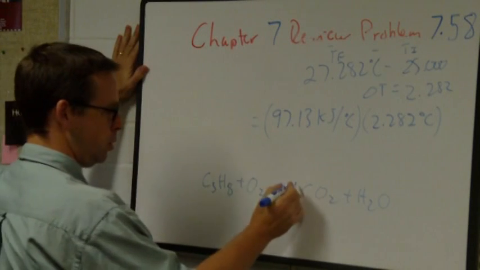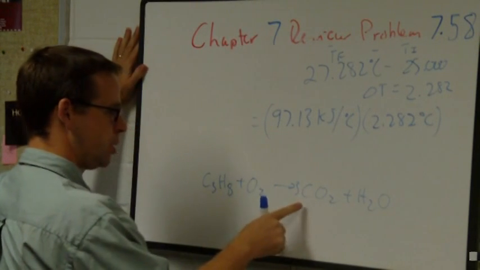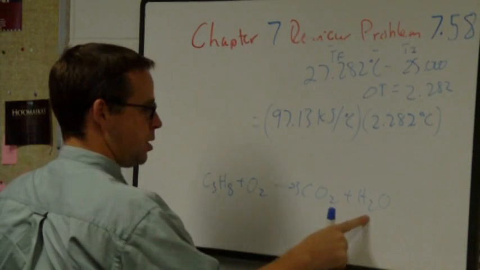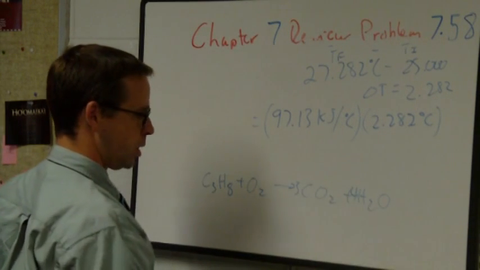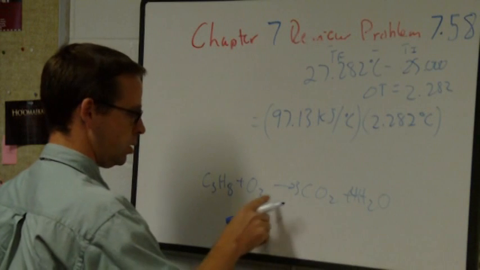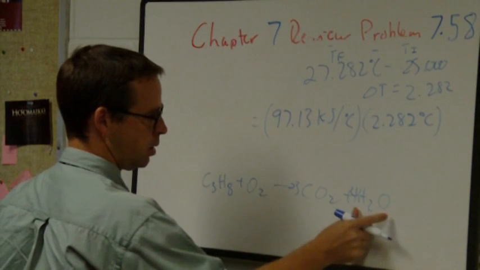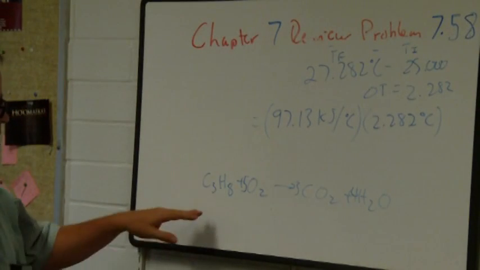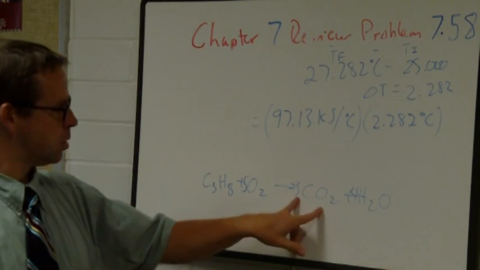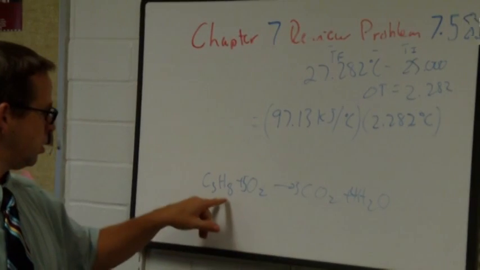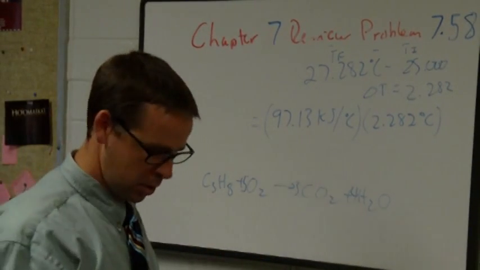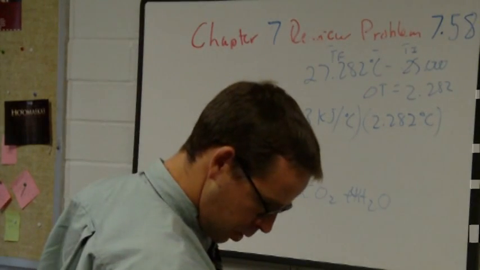All right, let's try and balance this real quick. 3 carbons, 8 hydrogens needed. 4 waters gives us 8 hydrogens. Now we have 6, 7, 8, 9, 10 oxygens, so we have the 5 there. 10 oxygens, 8 hydrogens, 3 carbons. Okay, so that balances the equation.